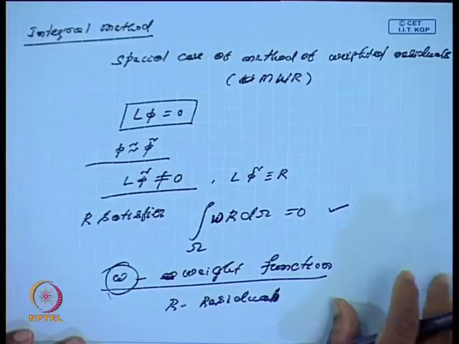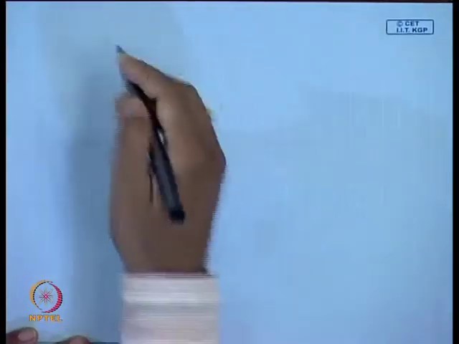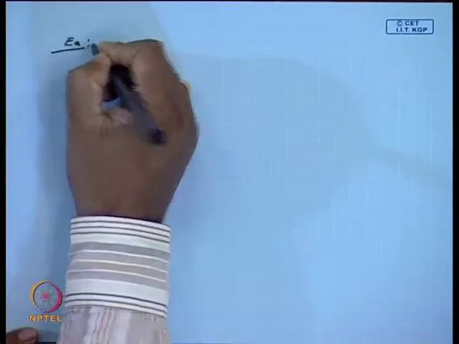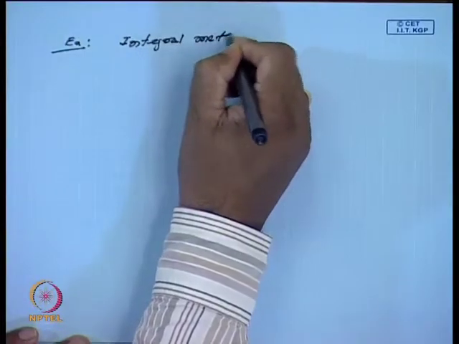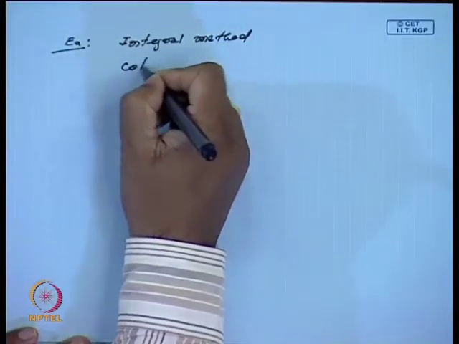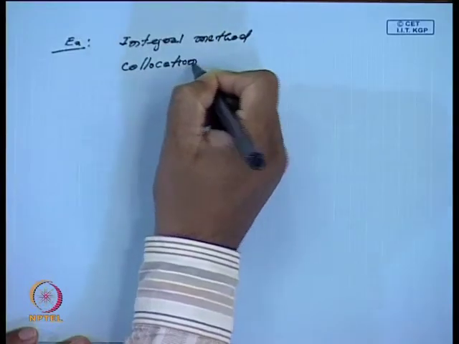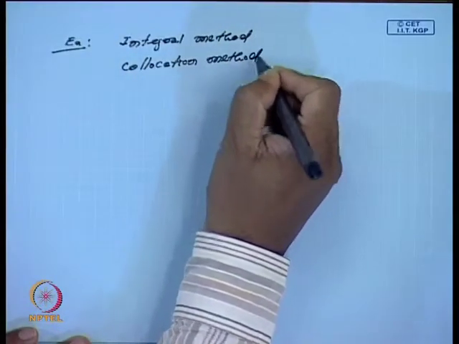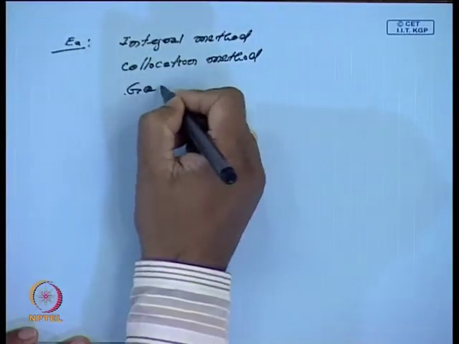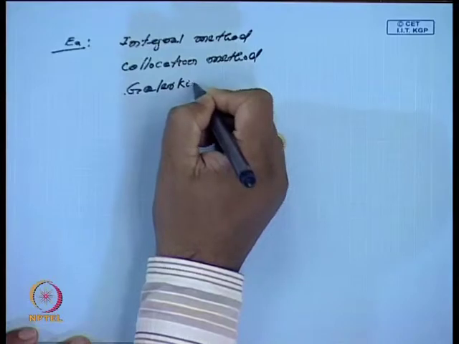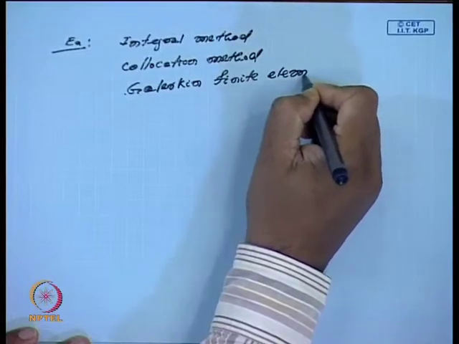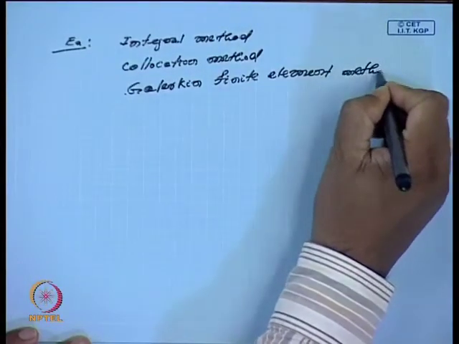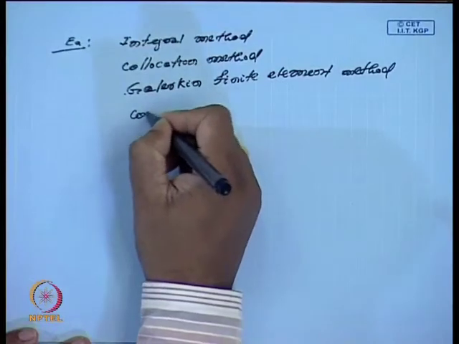Basically we have four methods: the integral method, the collocation method, the Galerkin finite element method, and the other one is called the controllable method.